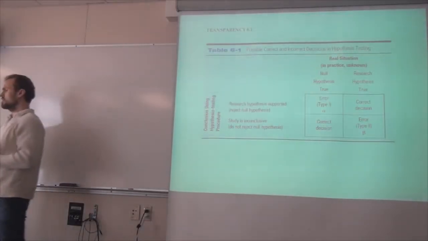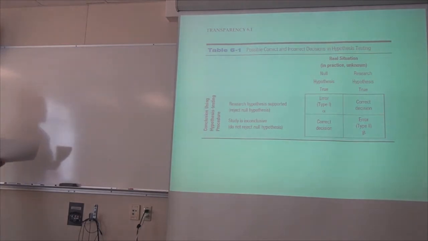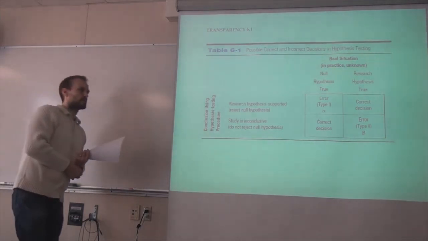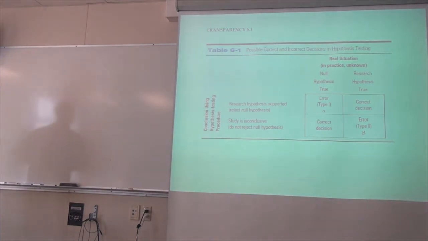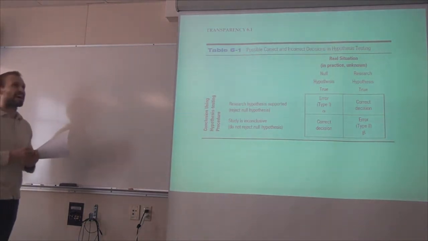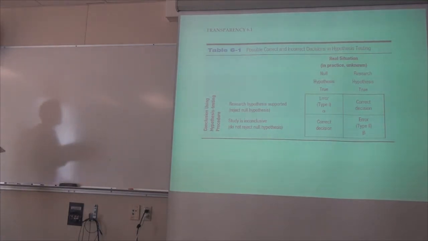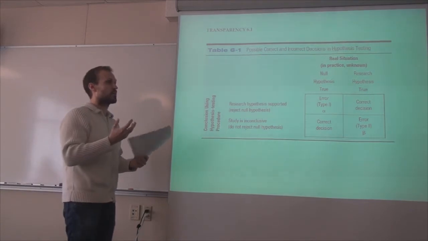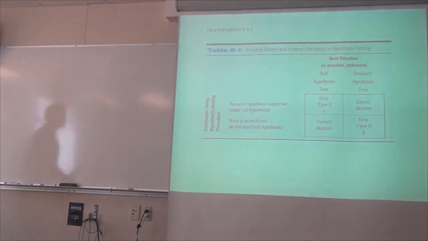Hopefully everyone is comfortable with the idea of hypothesis testing. And if you've thought about it a little bit, you would have noticed that we have a few options for how the hypothesis test decision could be made and how it compares to what actually might be the truth behind the scenes.